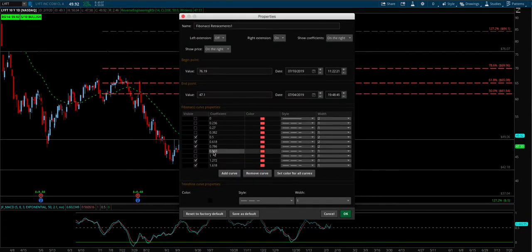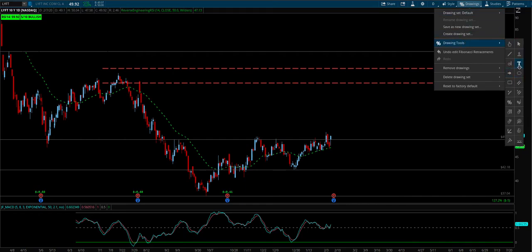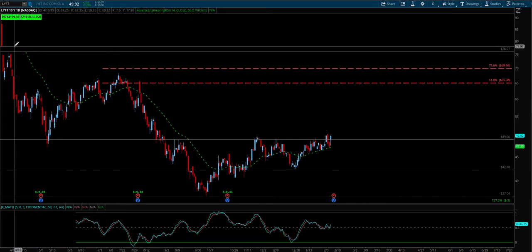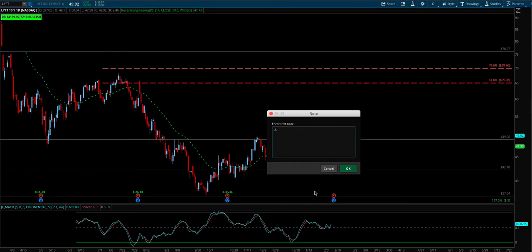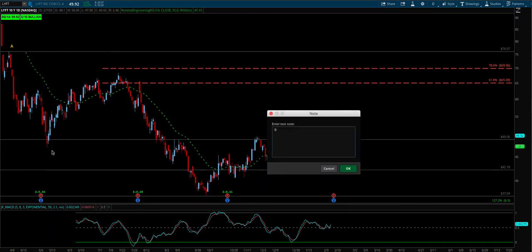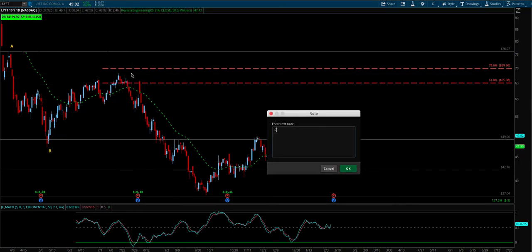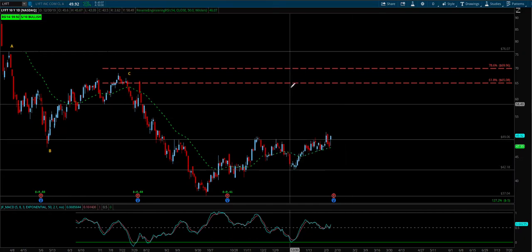So get rid of these longer fibs here and get rid of 50%. Just keep the 78 and the 61. And then you have it here, A, B, and this was C. Now this is done already, so I just wanted to show you how it worked out.